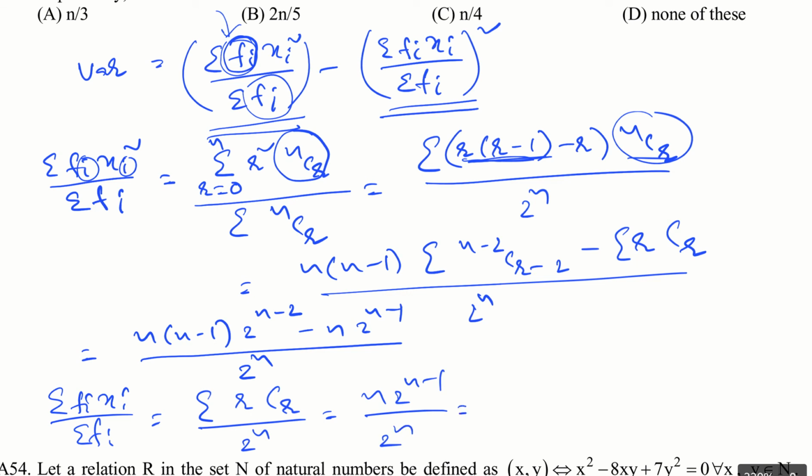So this will come out as n by 2. And here, cancelling 2 power n minus 2 in the numerator and denominator, I have n into n minus 1 minus 2n by 2 square, that is 4.